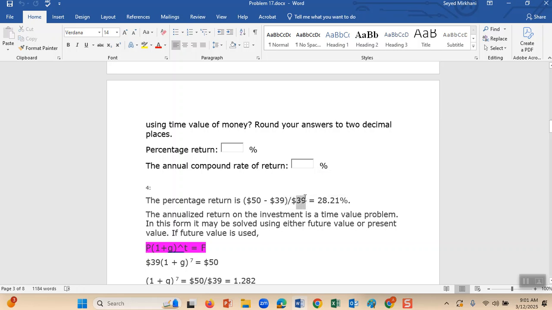If I add this $0.60 to this, that will be $40.60. And then the next year, the money that is going to earn interest for you is not 39 anymore. It is $40.60.